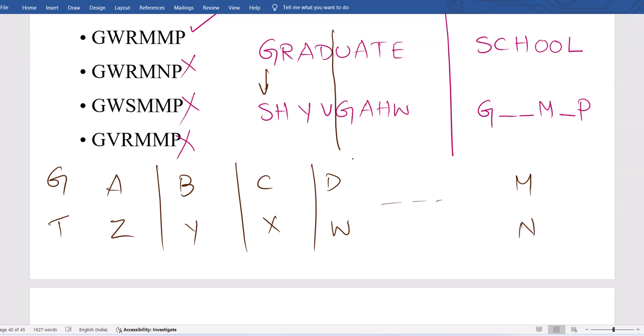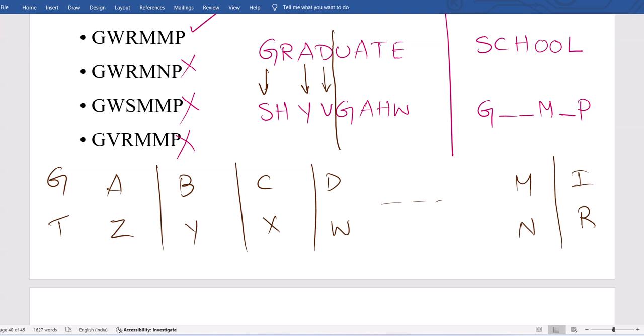Now listen. A's opposite pair is Z, before letter Y. D's opposite is W, before letter V. I and R: Indian Railways, Railway Inspector, RI, IR, you can remember like Indian Railways Railway Inspector.